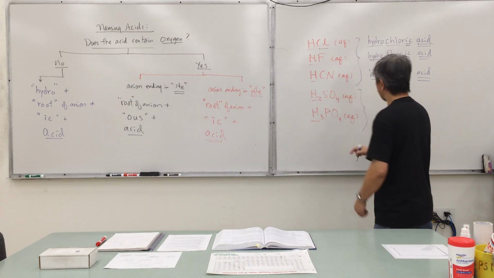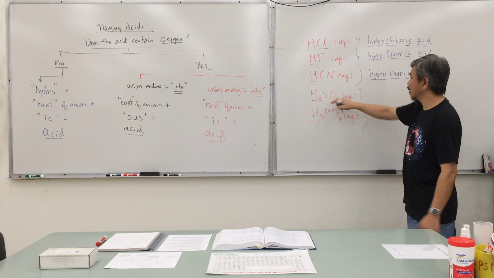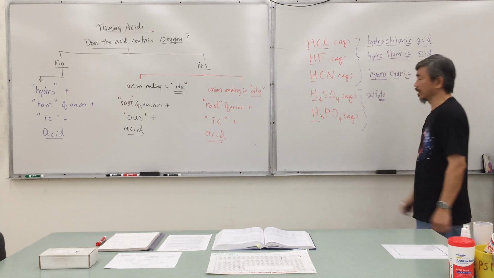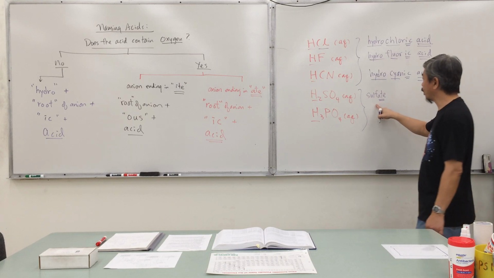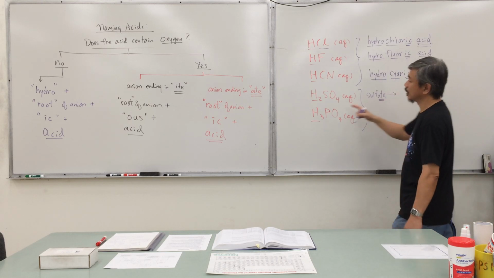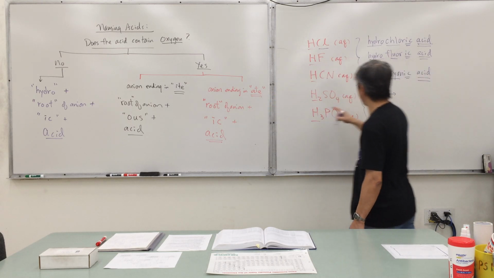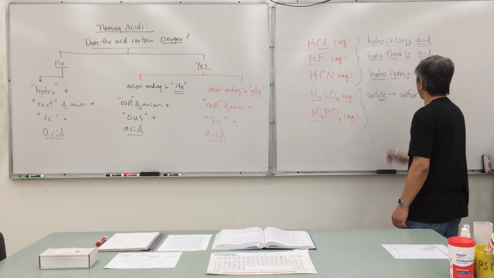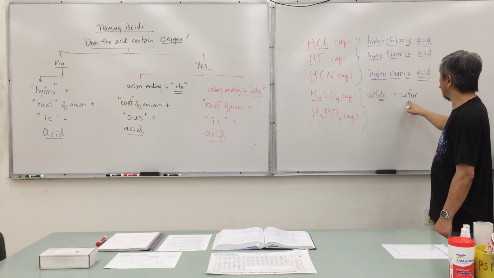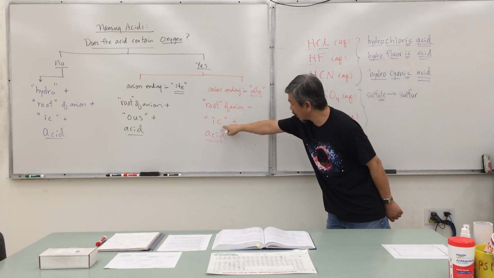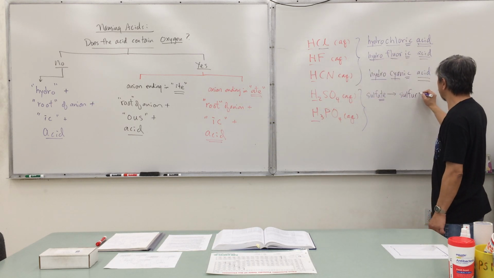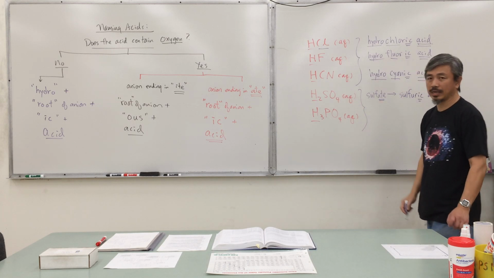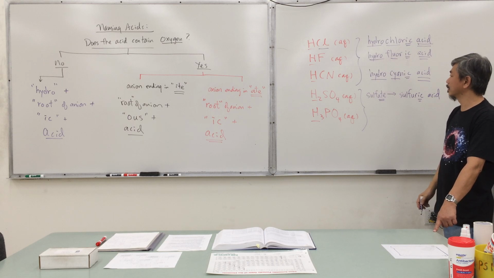For these two, it's H2SO4. SO4 is the sulfate polyatomic ion. So if this is a sulfate polyatomic ion, that means now this is the ATE ending. I'm going to use the root of your anion, which is sulfur, and then in this case, IC ending, and acid. So this is called sulfuric acid.